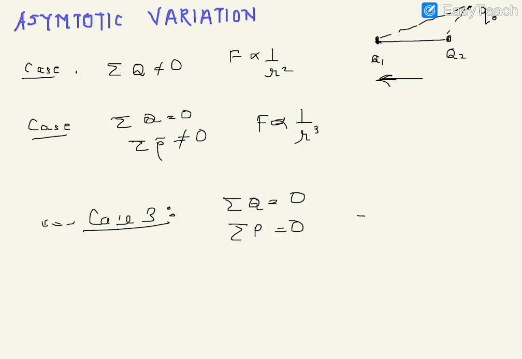Let me give an example. If I have minus Q, plus Q, plus Q and minus Q as a system of 4 charges, then my summation Q and the two dipole moments that it's forming will also be 0. Alright, so in this case my force will be proportional to 1 by r to the power 4.